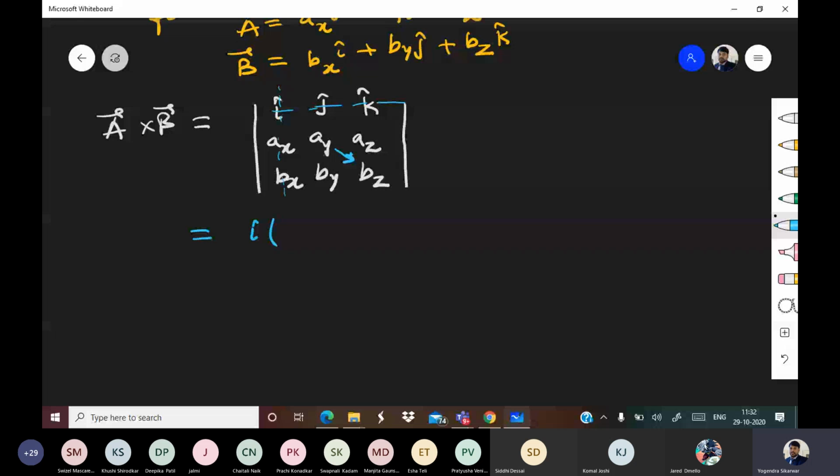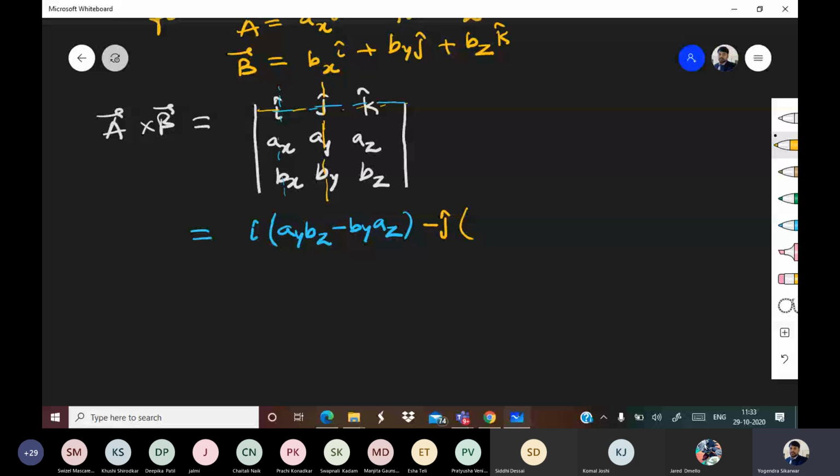It will be done like this. We take alternate plus minus sign, so minus j cap.